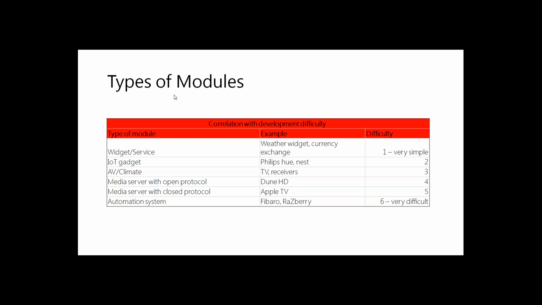These types will define the pricing, and the difference in development difficulty. For example, we have 6 of them right now, starting from widgets, services, and as a very difficult one, we have automation system, for example, Fibaro or Raspberry.